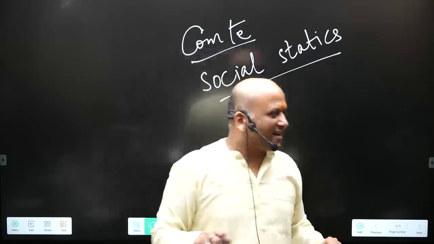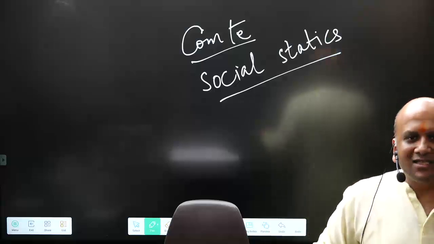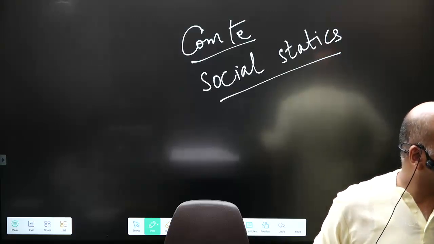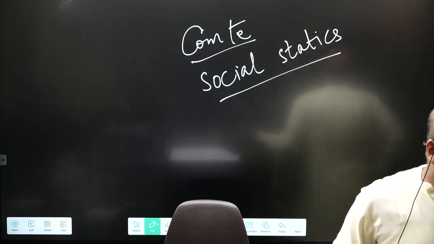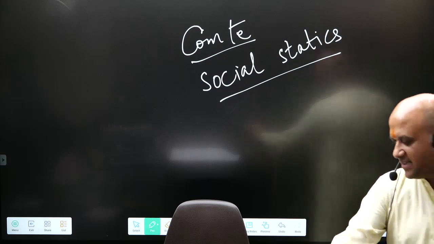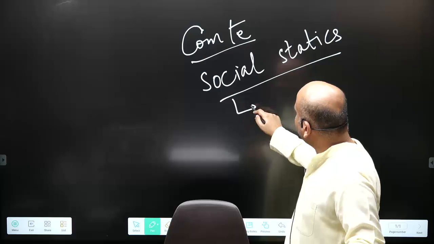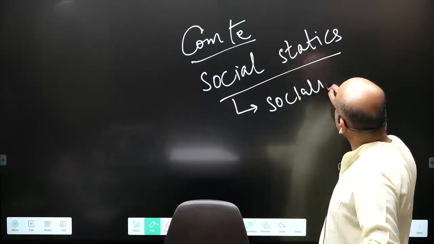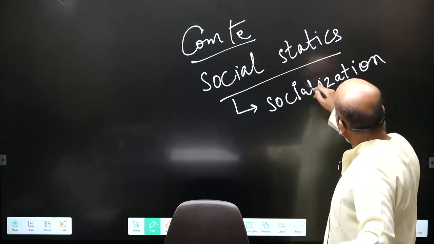There are 2 mechanisms through which a certain continuity is maintained in a society over time. The society ensures continuity through 2 main mechanisms. One being socialization, the process of socialization.